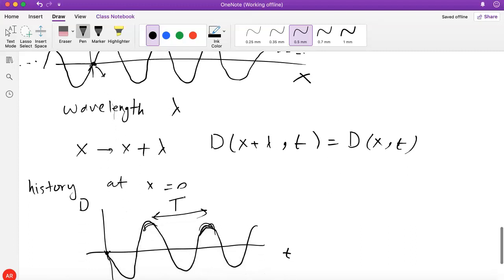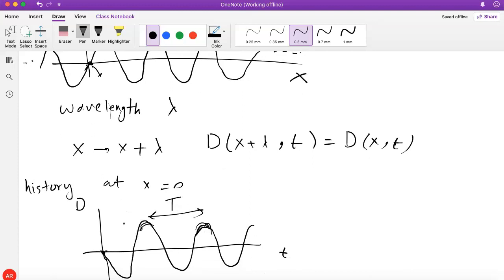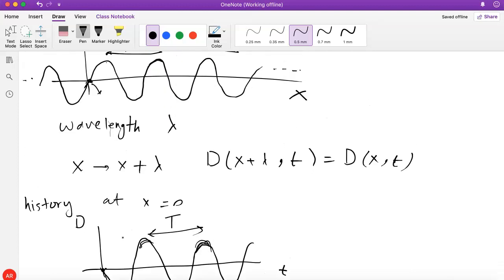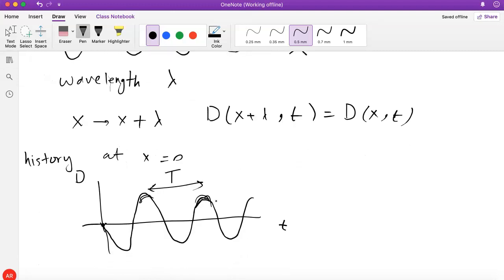As the time T goes on, this pattern repeats itself.